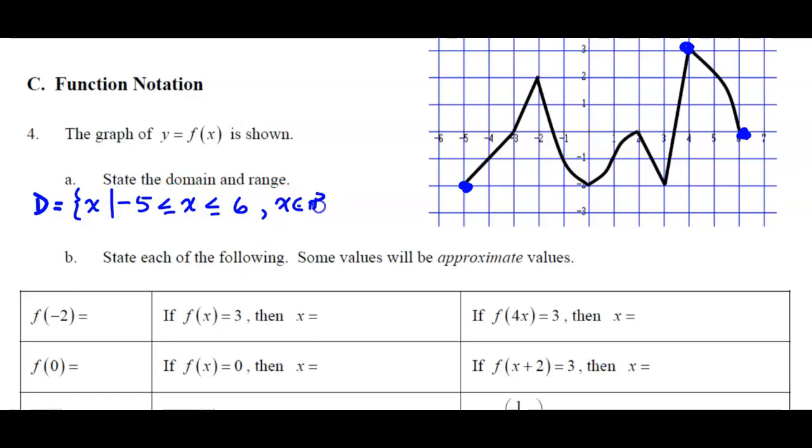Then x element of set of reals. Range, again, lowest was -2, highest is +3. So -2, 3, space in between, y, and if you put them in order from smallest to largest, your inequalities always open to the right.